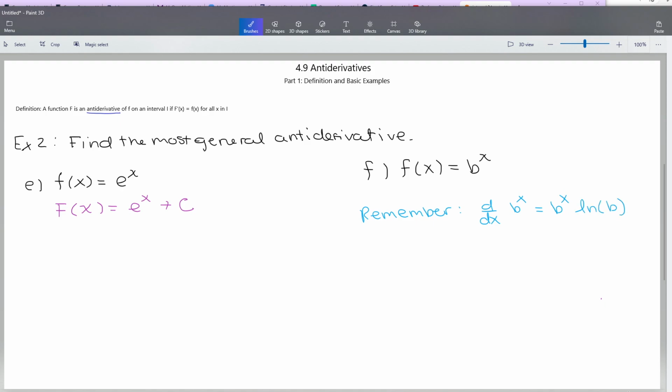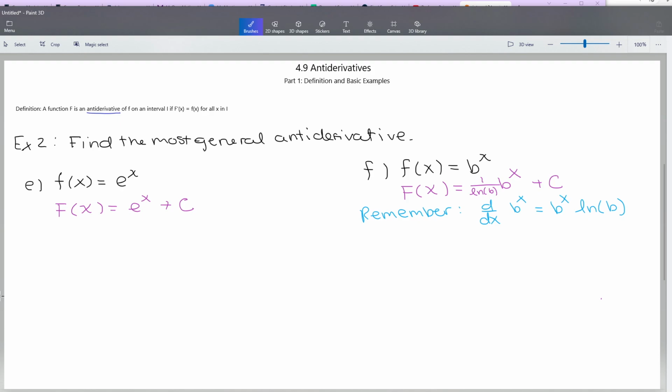Okay, so when we do the antiderivative, okay, we do want b to the x, but we want to cancel out this natural log b, so we put 1 over natural log b. Okay, and then we still include our constant, right, because that doesn't affect the derivative. All right.